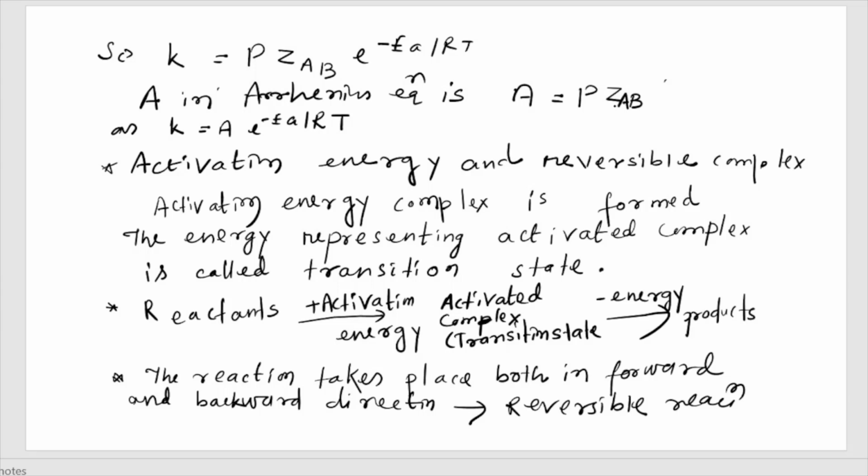So here you can see the meaning of activation energy in a reversible reaction. When a reversible reaction takes place, an activated complex is formed, and the energy representing the activated complex is called the transition state. When the reactant molecules collide, only some fraction of molecules give product.